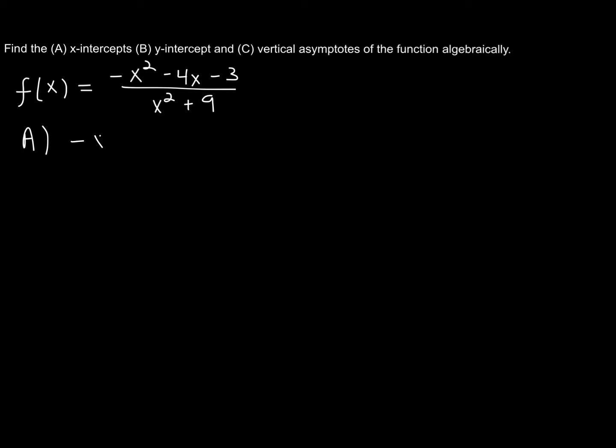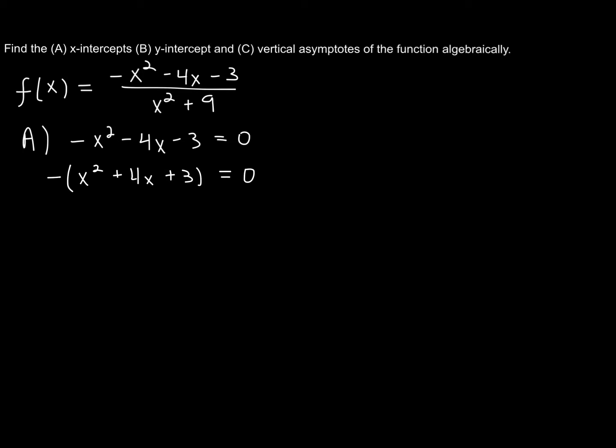I have negative x squared minus 4x minus 3 equals 0. And I can use the quadratic formula, but I could also factor fairly easily. I have this negative out front. I'll factor that out. And what I'm left with inside is x squared, this will need to be a positive 4x, and this will need to be a positive 3 equals 0.